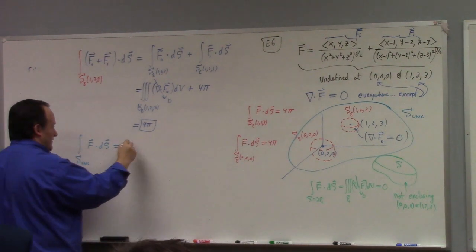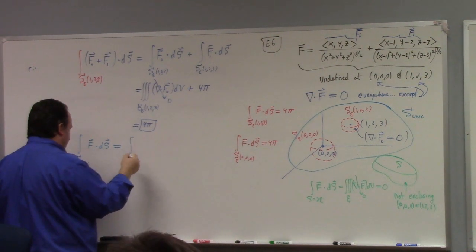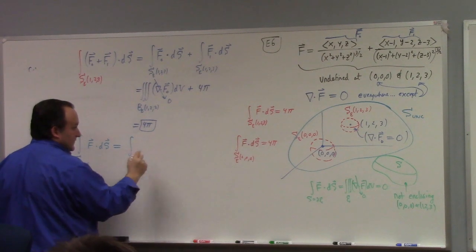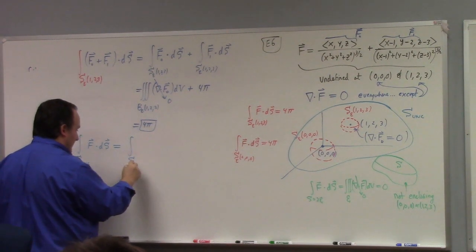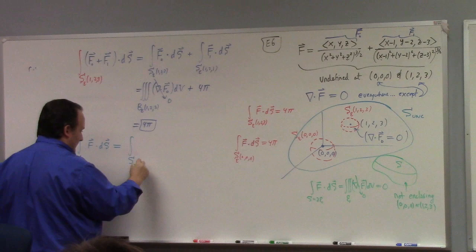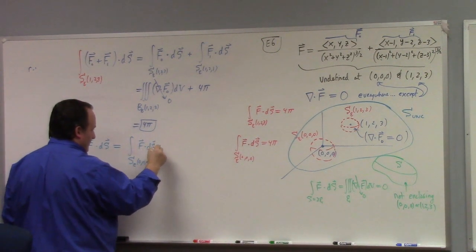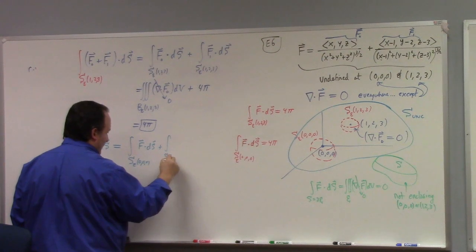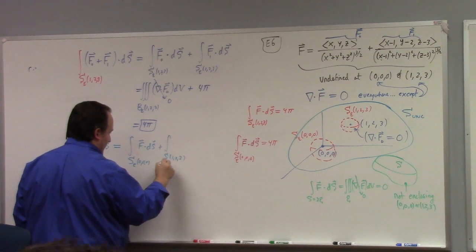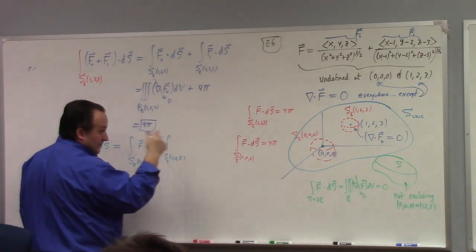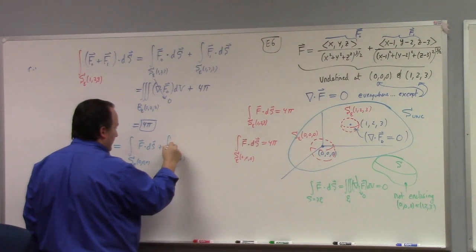It's equal to 8 pi, and the logic is that it's the flux through the epsilon sphere at 0, 0, 0 plus the flux through the 1, 2, 3 sphere.